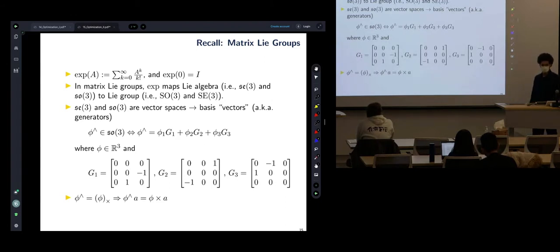So the next topic is about extension of these ideas, the nonlinear least squares problem, to Lie groups. What if the decision variable is an element of a Lie group, which is always the case in robotic state estimation problem. We want to estimate a pose.